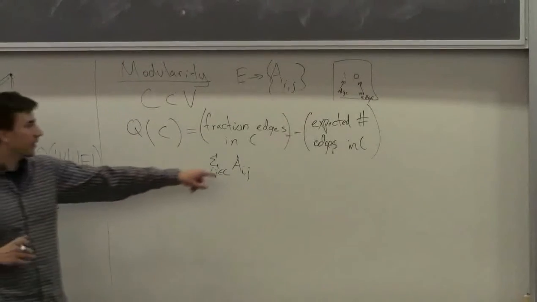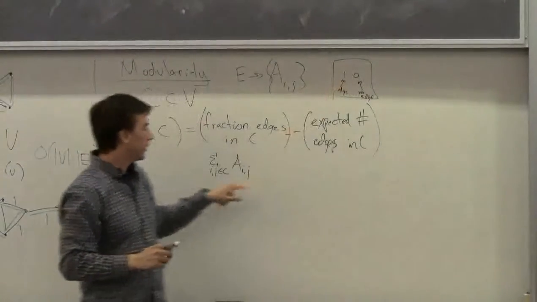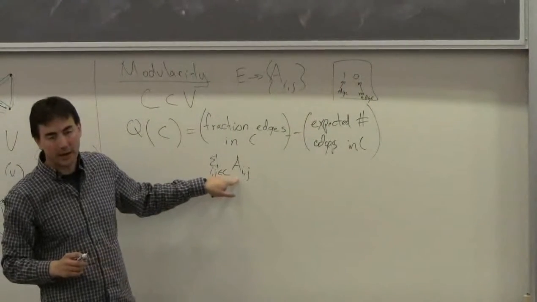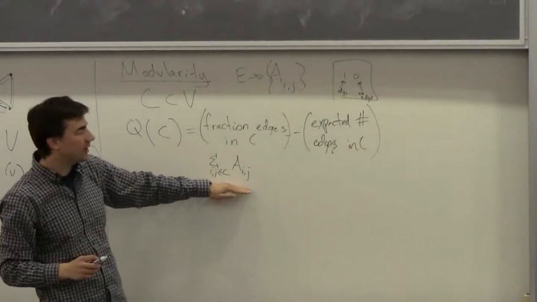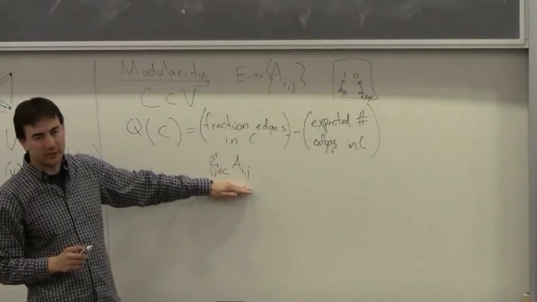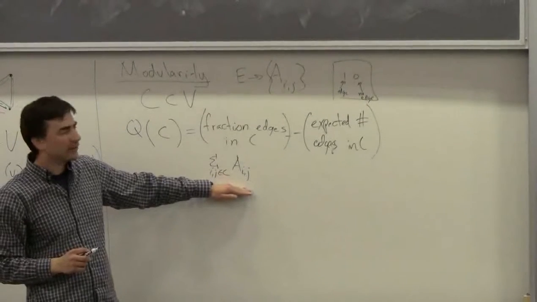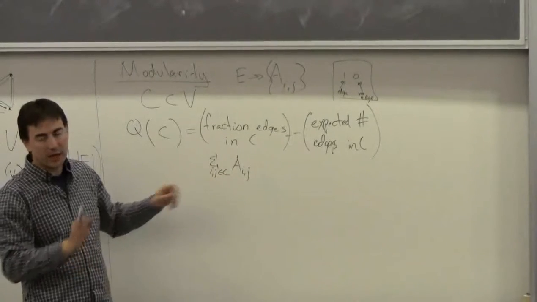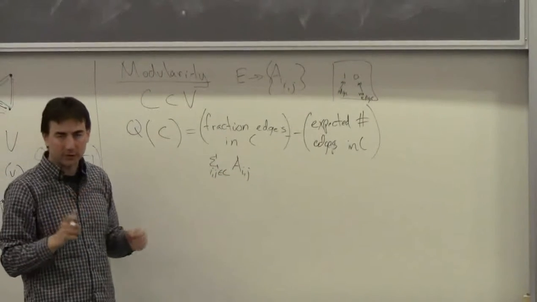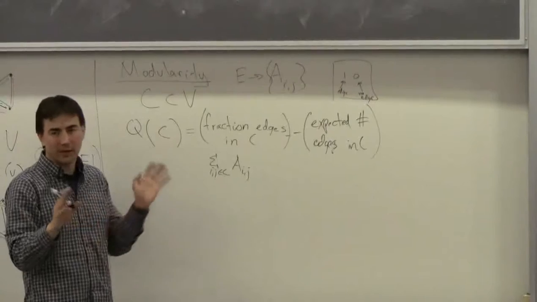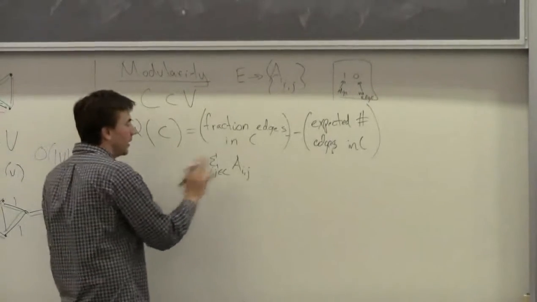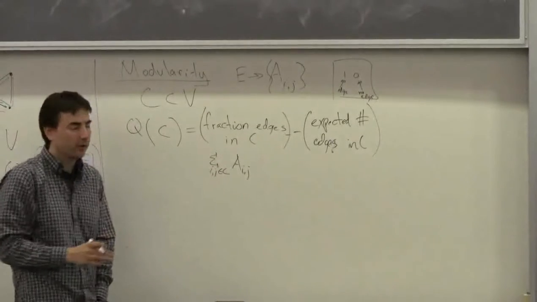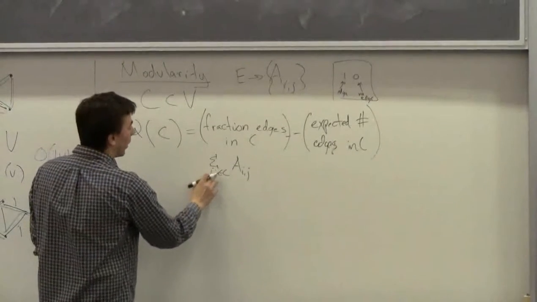Right, so if I look at this entry and it's a 0, then I don't do anything to the sum. If I look at it and it's 1, then I add something to the sum. So this is going to be the number of edges in this set. But I've counted things twice, because I've summed over i and j, so I can go in both directions. Maybe you can think of directed edges if you want to, but typically they think of this as undirected graphs, and this matrix is symmetric.